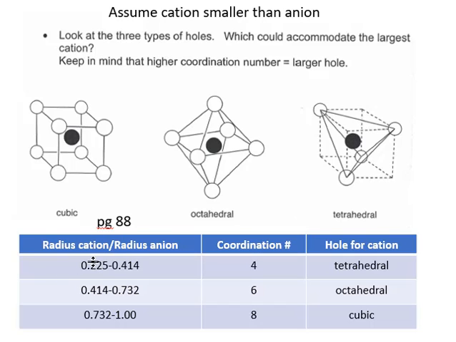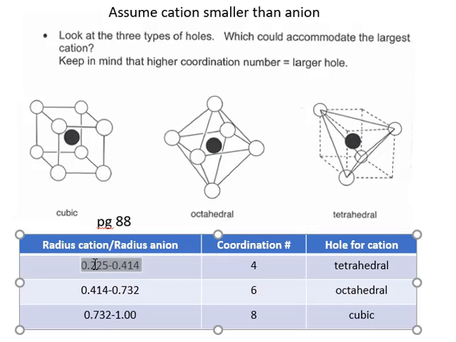So by studying examples out there, we can see that in general, and this is very general, if the radius ratio of the cation to the anion falls in the range 0.225 to 0.4, in other words the cation is very small, then it can fit into the small tetrahedral hole optimally, with the anions arranged maybe in a face-centered structure in which the tetrahedral holes are present. So this would have a coordination number of 4.